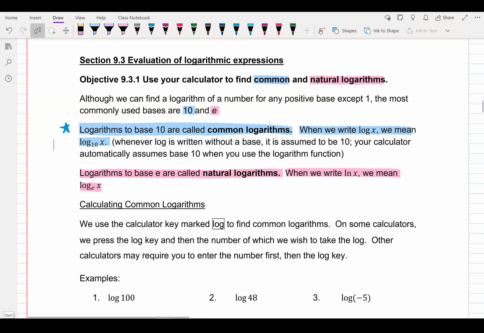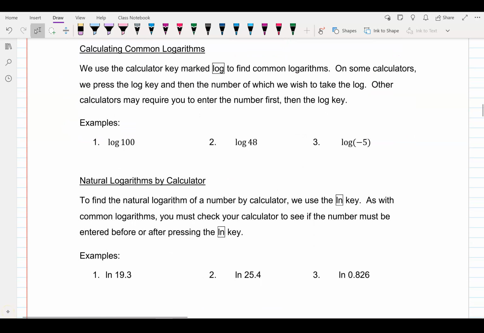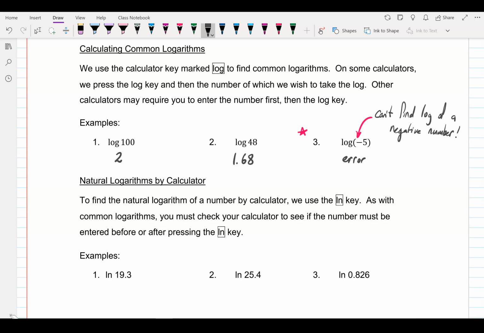So let's do some examples involving the calculator. Find whatever way works for you to put these into the calculator, and make sure you can get the following numbers. Log of 100 is 2. Log of 48 is 1.68. Log of -5, it's going to give you some sort of error because you can't get negatives. So that's something you should keep in mind.